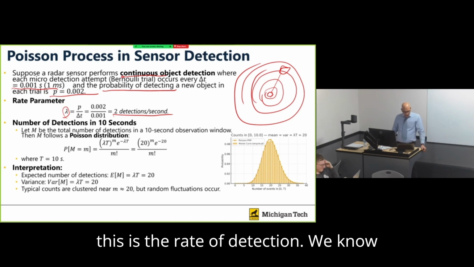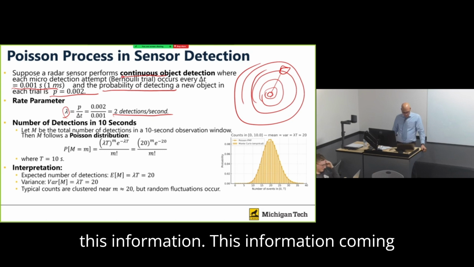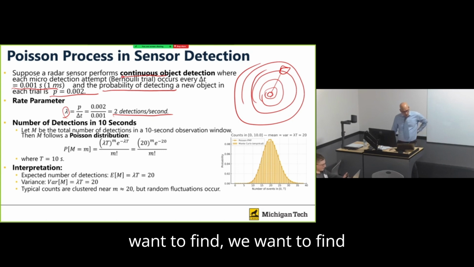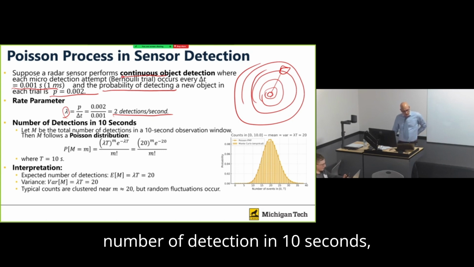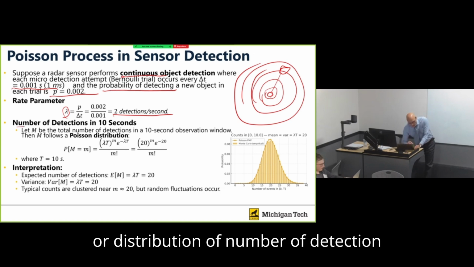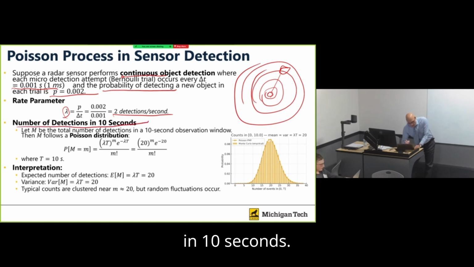So this is the rate of detection. We know this information, and it comes from the sensor. What we want to find is the number of detections in 10 seconds, or the distribution of the number of detections in 10 seconds.